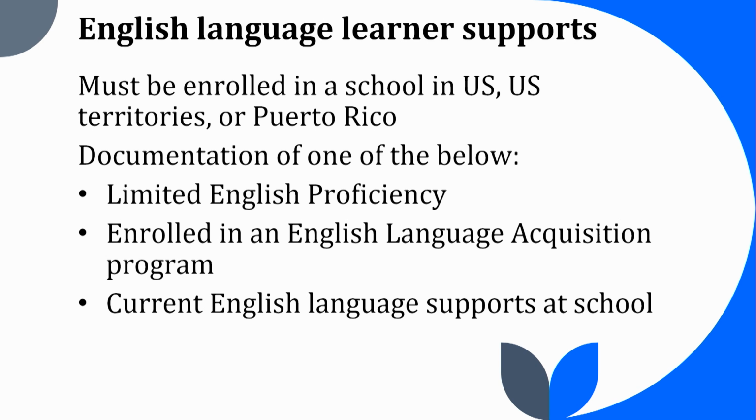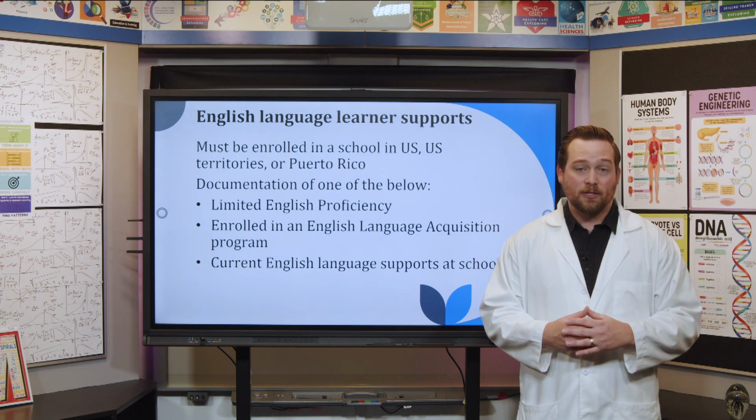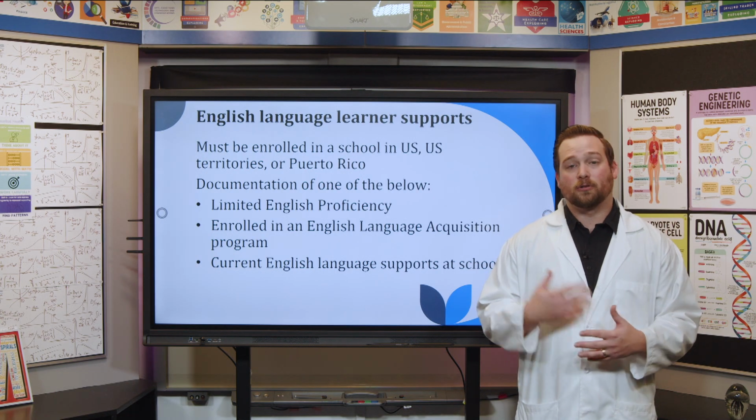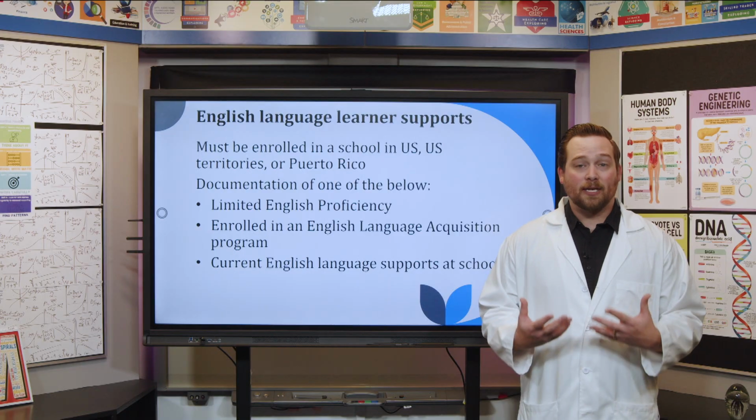You would need documentation that you're enrolled in an English language acquisition program. So if you take classes to help you better understand the English language, like how to speak it more fluently, or if you have current English language supports or you're in that class at your school. If you're enrolled in these, or if you fall under one of these umbrella terms, again, talk to your counselor, talk to your test coordinator, you might get some accommodations.